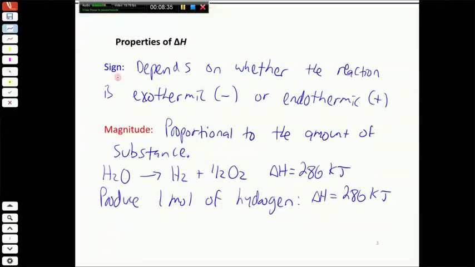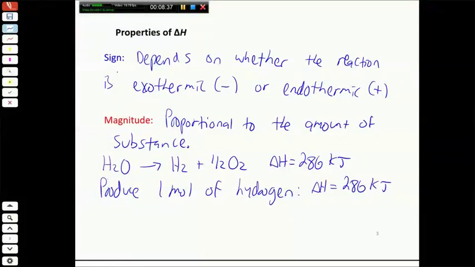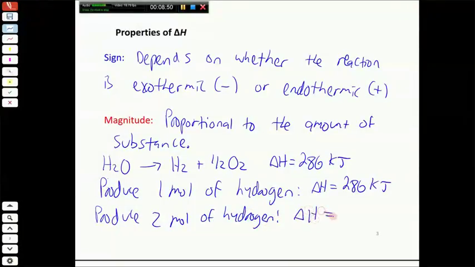But now let's think about what happens instead if we're producing 2 moles of hydrogen. How much heat would be required for that process? Do we think it'd be larger or smaller than for 1 mole? It should require more heat to produce more hydrogen.